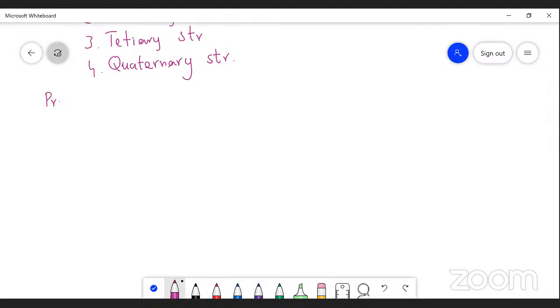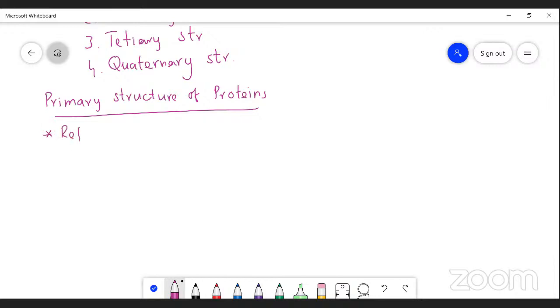The primary structure of protein refers to the number of amino acids and their sequence.